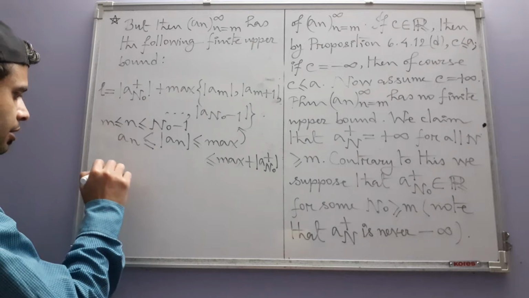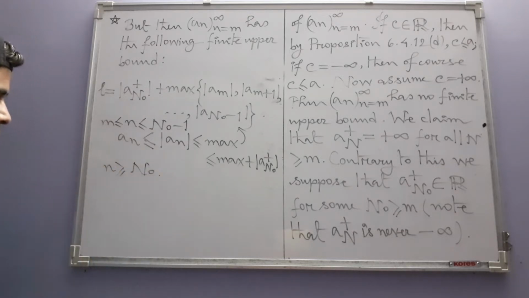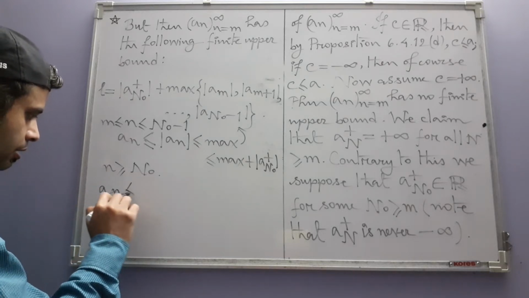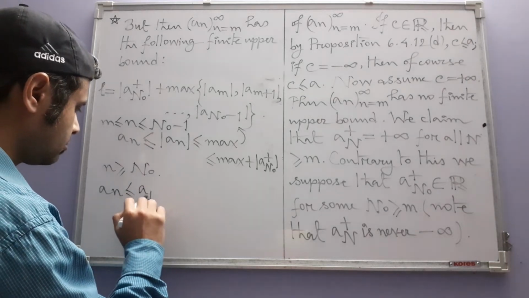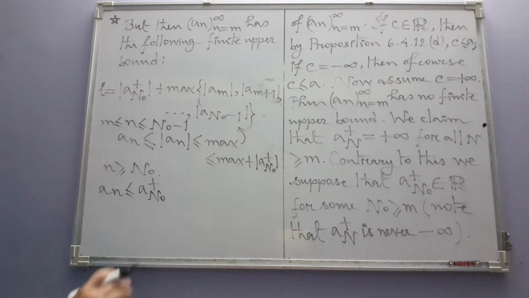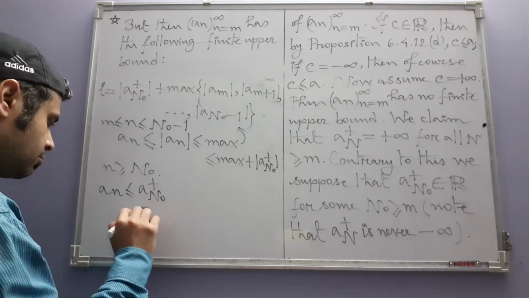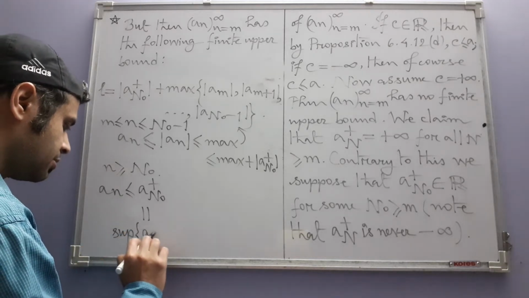And if our n lies in this range, then what happens? Then an is less than or equal to an naught plus. Why? Because an naught plus by definition is the supremum of this set.